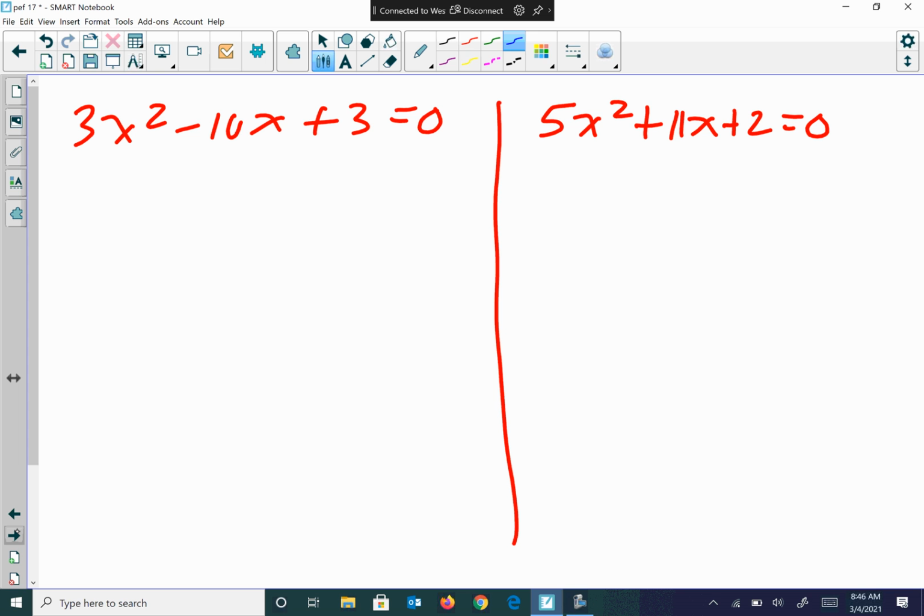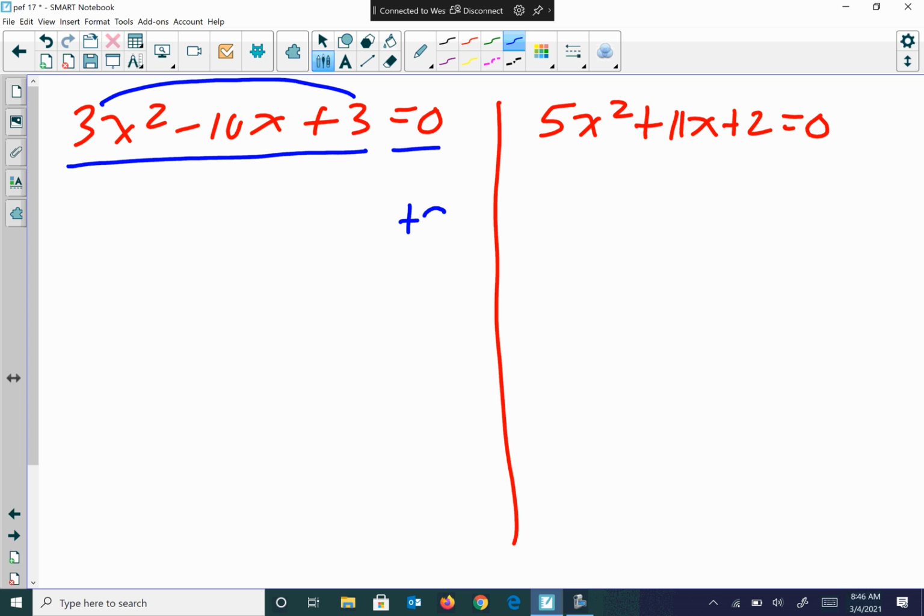Oh boy, oh boy. These both have something in front of x squared. That's okay. Things to note, we have an equal sign, so you're never going to solve it. These three terms do not have the same number I could factor out of all. Some people might say, well, 3. Well, 3 doesn't factor out of 10. If my x squared term has a number, great, it does. So I'm going to go 3 times 3.